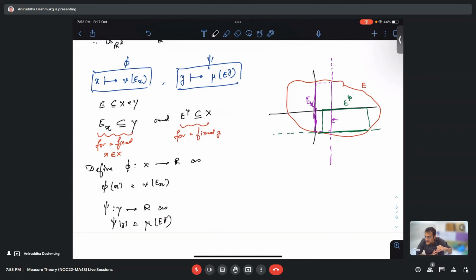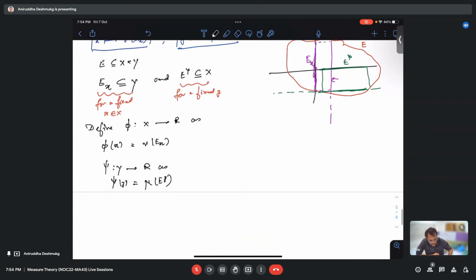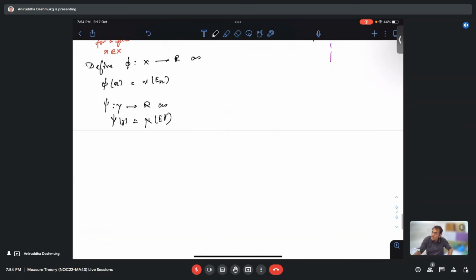When I was going through the measurability part, that's where I got confused. How do we show that phi and psi are measurable? Do you have the proof with you right now? I do not exactly remember the proof of measurability. We just have to prove that the pre-images of Borel sets are Borel, something like that.